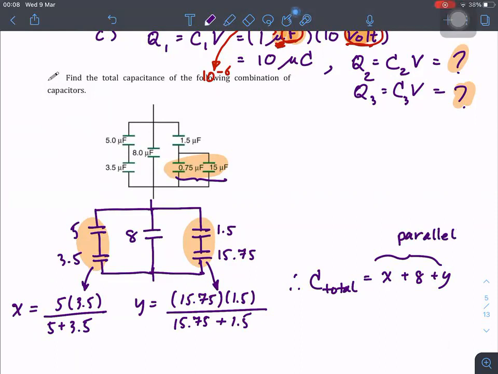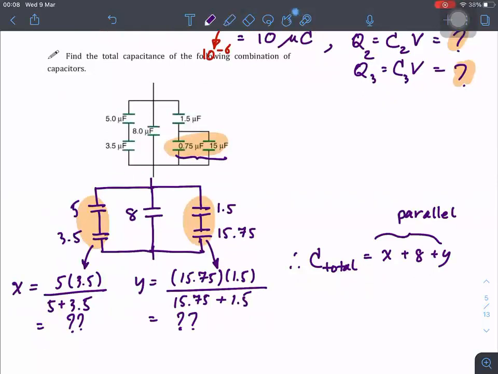So what you do is find whatever X and Y are, and don't forget to give the unit of microfarad. This is for you to find out. After finding X and Y, you can have the C total as some number in the microfarad unit.